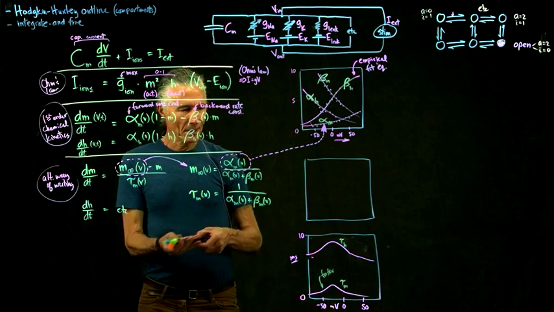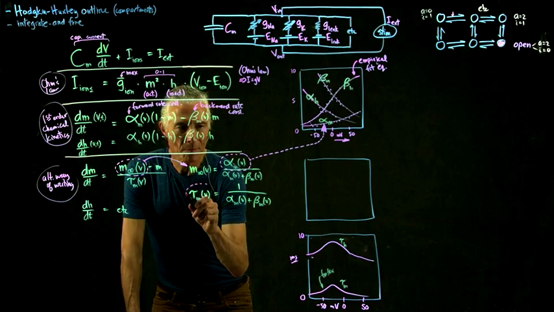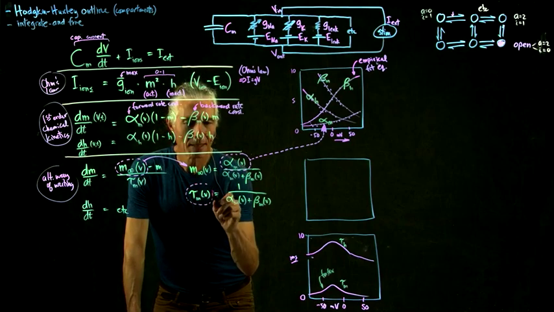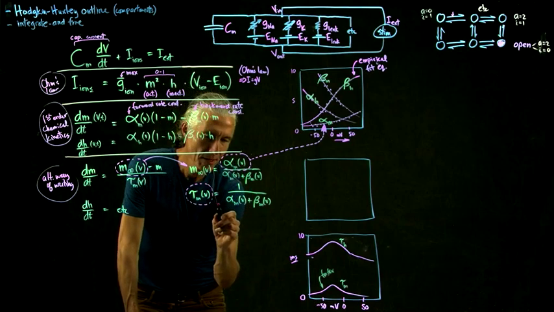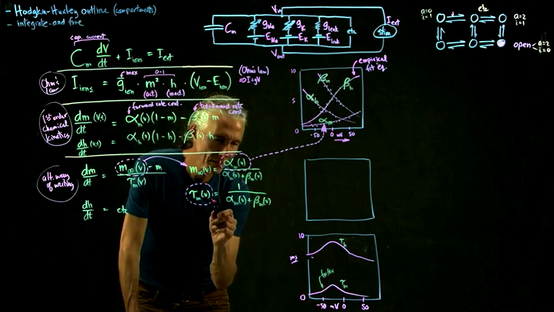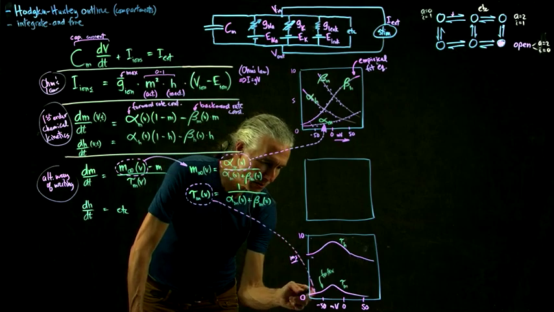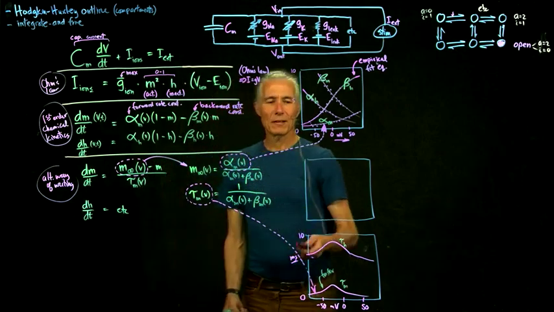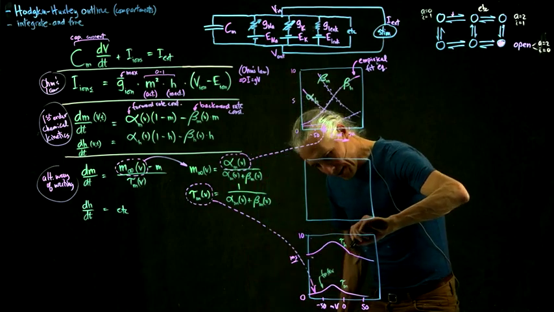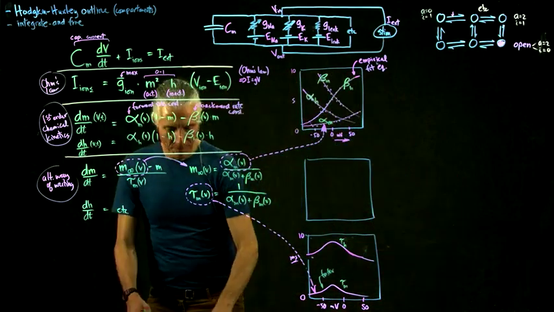So how does that fit in? This is the voltage dependence of the M. Let's put this down here. Again, we will have collected some data from an actual squid axon or whatever in order to fill in that number.